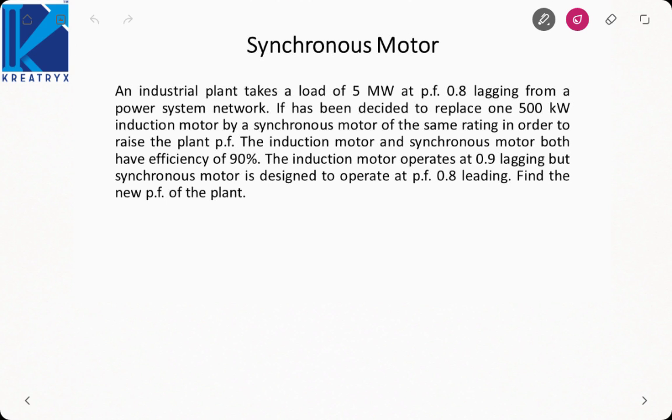The next kind of problem based on synchronous motor is for power factor correction. Now, for power factor correction, what happens? We have a load originally which will have a certain real power and reactive power. Then we use a synchronous motor.